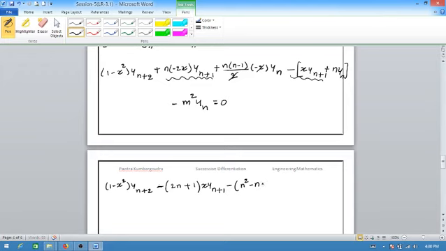So in the next again minus n. So next minus m square. Close the bracket, into yn is equal to 0.